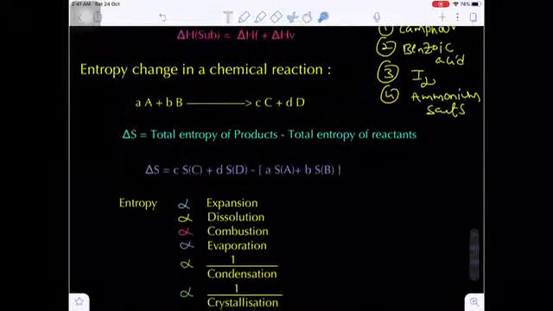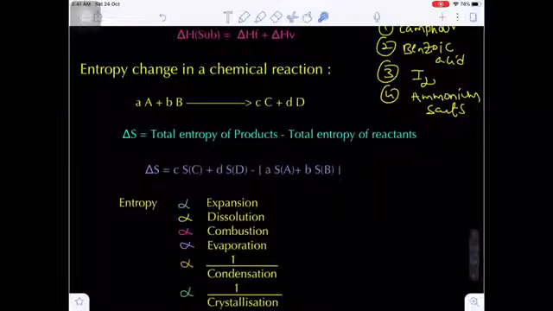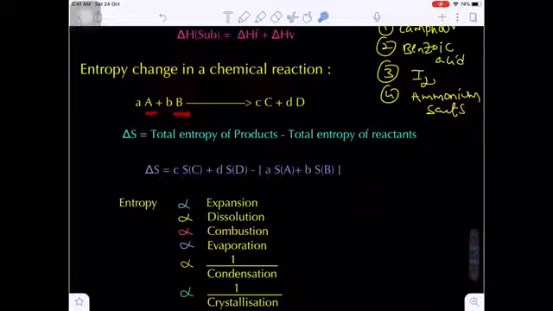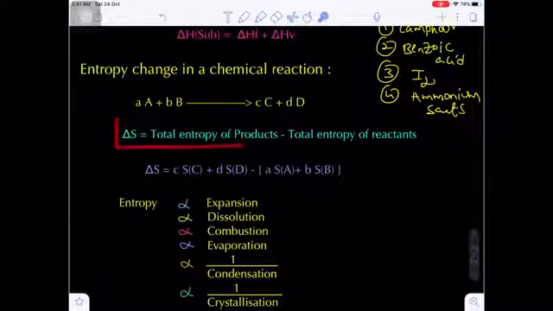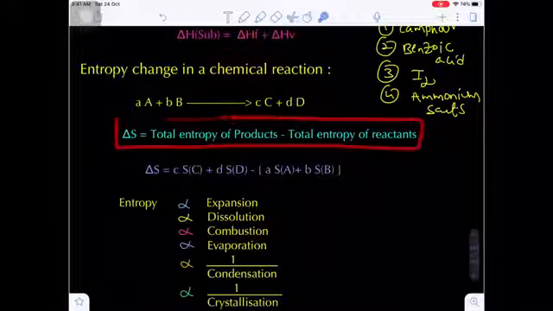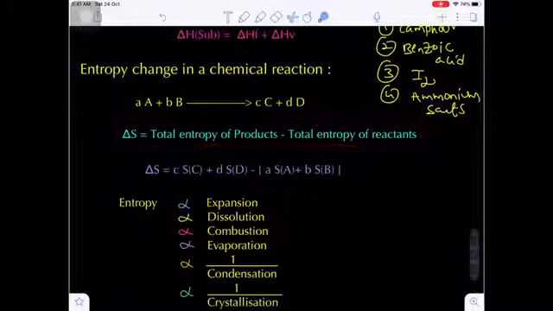Okay. Now what about the entropy change during a chemical reaction? Let's suppose capital A and capital B are 2 reactants, and their stoichiometry is small a and small b, and capital letters C and D correspond to products, with the number of moles small c and small d. Now what will be the change in entropy during the course of a chemical reaction?